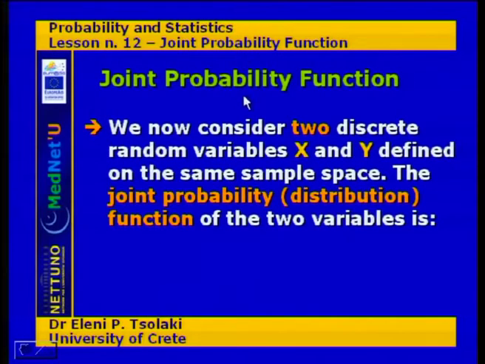So, as we said, we consider two discrete random variables here, x and y, which have to be defined on the same sample space.